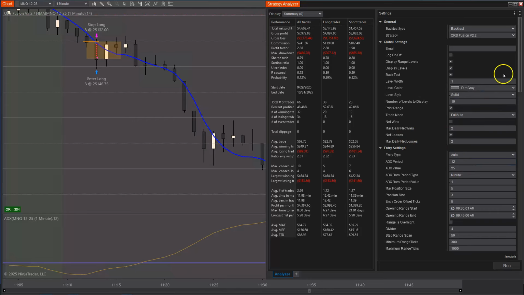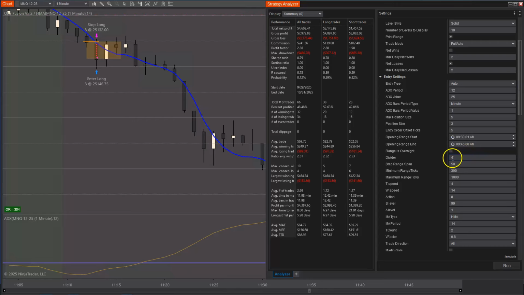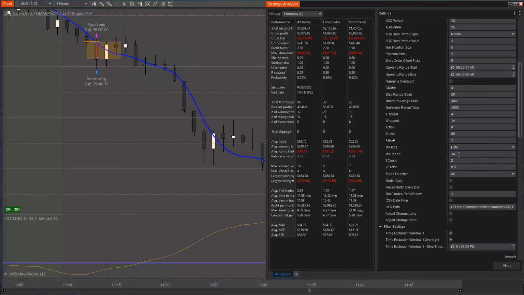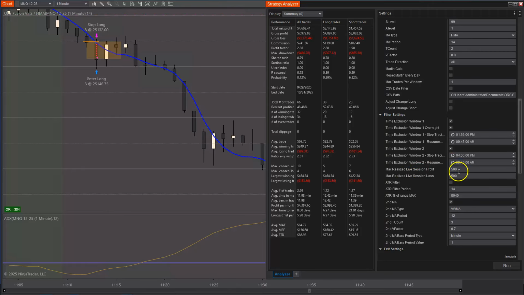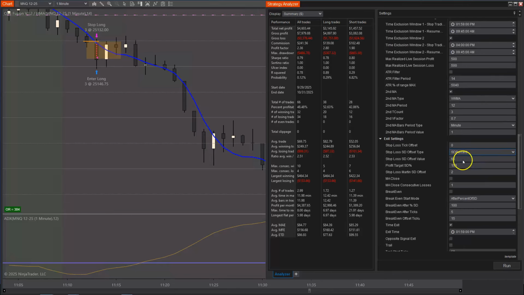When you think about the allowable wins, the ADX, inversion trades, how many dividers do you want to make for the certain size of the range, how big or small and sensitive do you want to make the buy-sell zones, what kind of moving average do you want to use, what period, how many trades per window do you want to allow, do you want to use martingale or not, are you going to exclude or include certain holidays or not, what time frame do you want to use, do you want to allow session loss or profits, do you want to use a secondary moving average or not, what kind of profit targets and stops do you want to use, what time do you want to exit, do you want to use auto trailing or break evens.